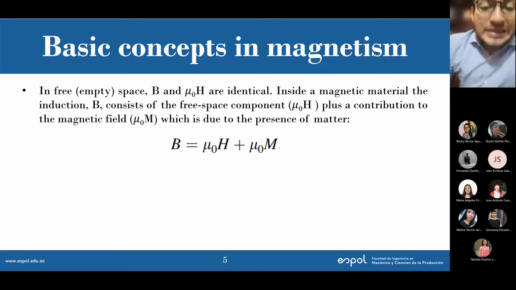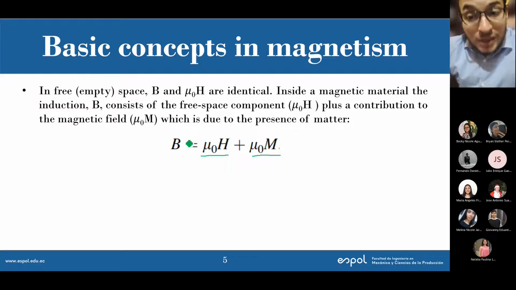Now, inside the magnetic material, the induction has that free space component that, as I said, is this, right? But it also has a contribution to the magnetic field due to the presence of matter, because there's matter inside that magnetic material. That can be represented by mu naught again times M. Now you might be wondering what M means. Well, M is the magnetization of the material.